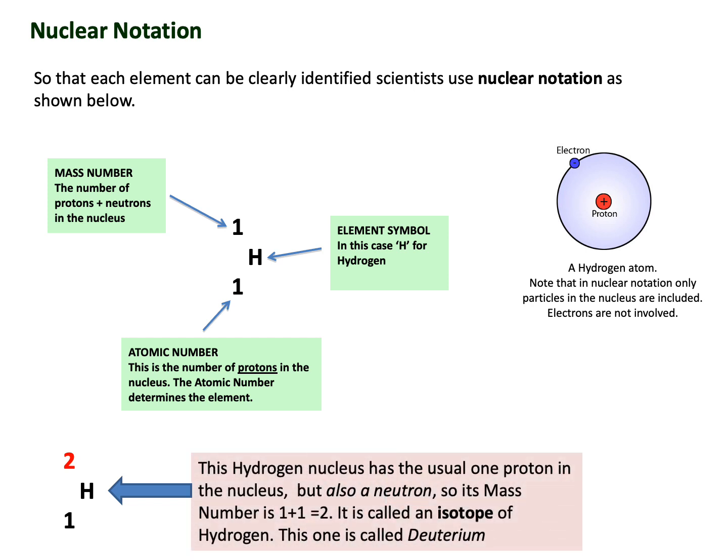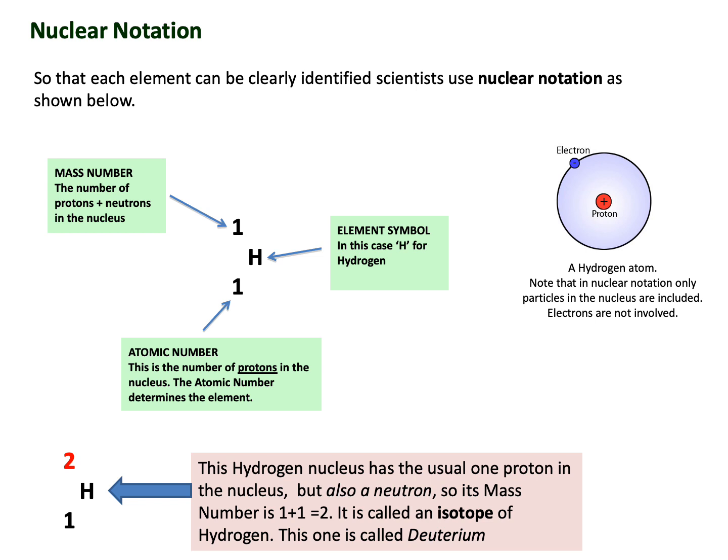Well, the symbol is H, so it must be hydrogen. If it's hydrogen, it must have one proton in the nucleus, so the atomic number is 1. But what's different here is that the mass number is 2. That means there are 2 particles in the nucleus.